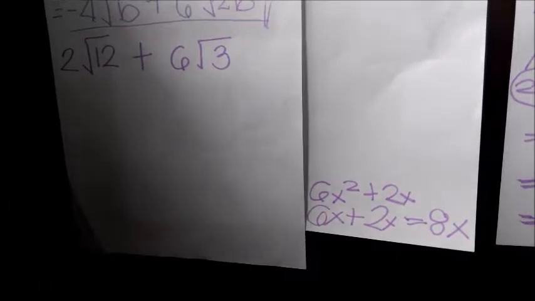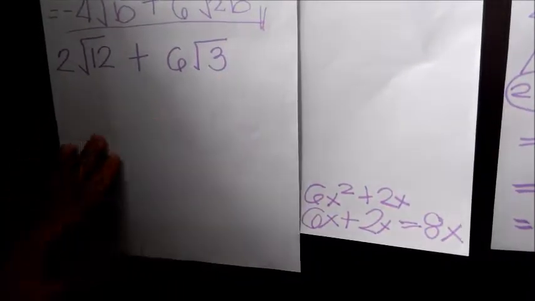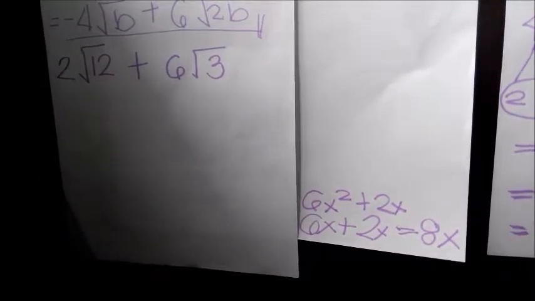On this problem, we have 2 times the square root of 12 plus 6 times the square root of 3. So what we're going to do is factor out 12.